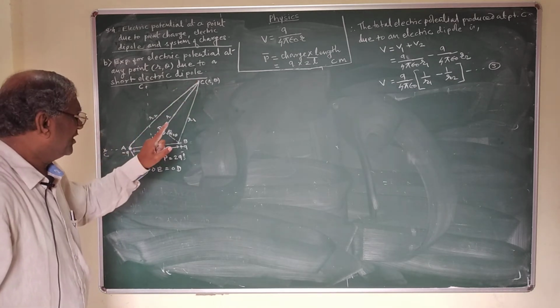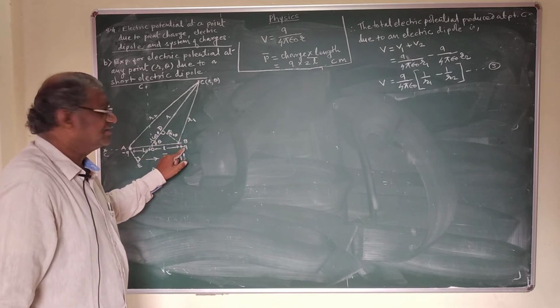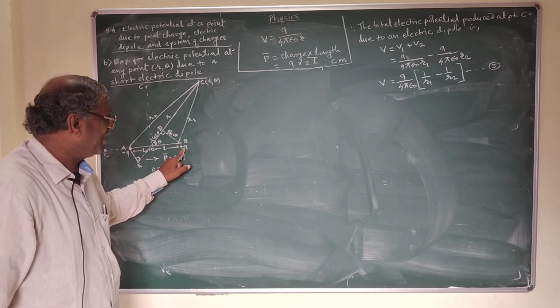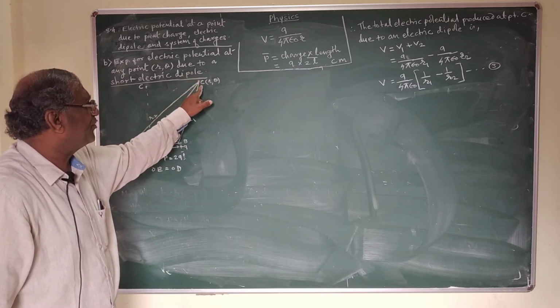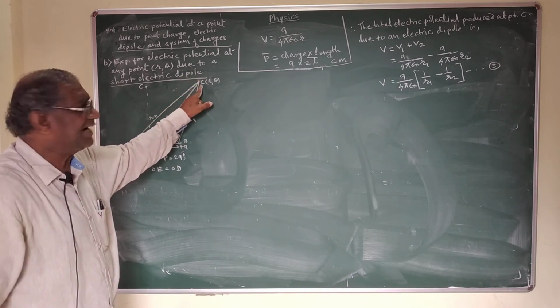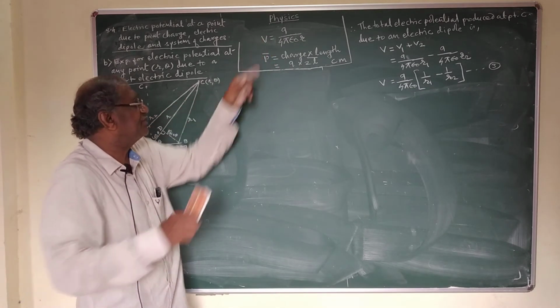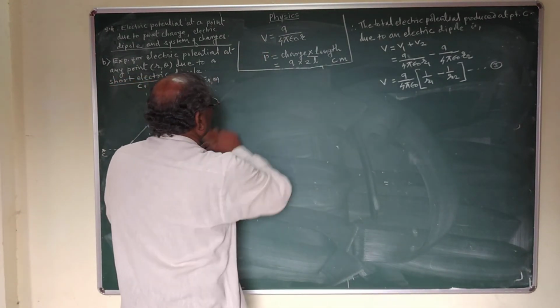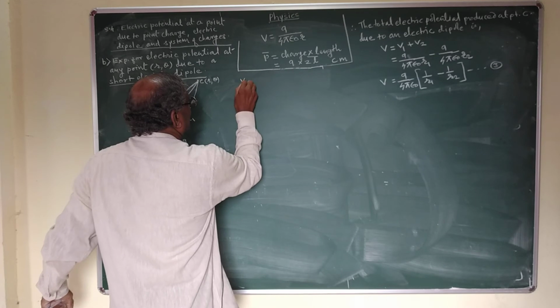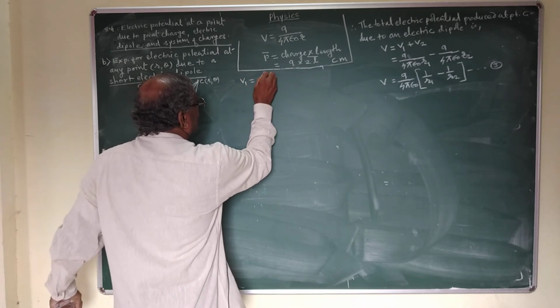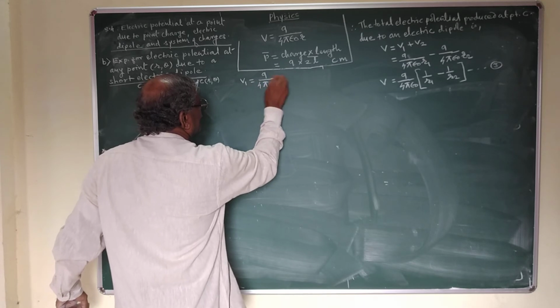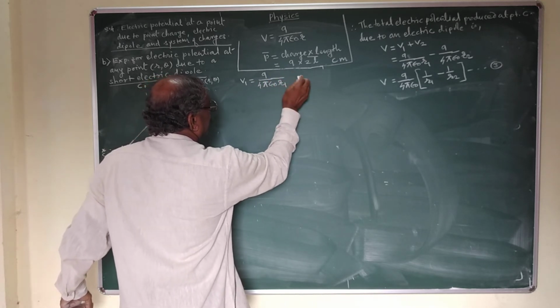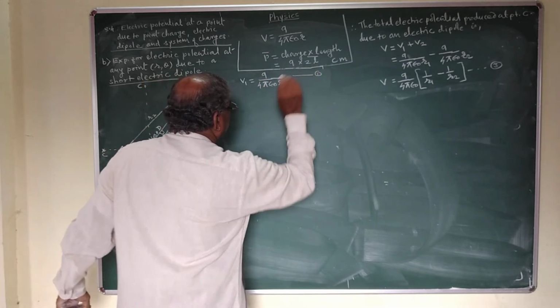Therefore, plus Q charge at point B produces positive electric potential at point C, given by V1 is equal to Q upon 4 pi epsilon 0 into R1, equation number 1.